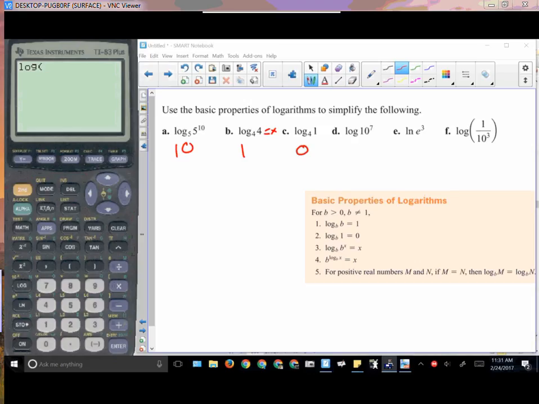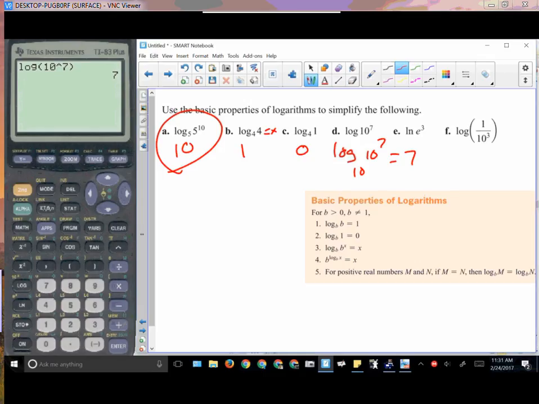When I look at this, I see log of base 10 to the 7th power. So I could put 10 to the 7th, close it, hit enter, and I'm going to get 7. Why? Because this would be written as log base 10 of 10 to the 7th power, which we saw over here was just the exponent. So the calculator can deal with anything that is in base 10 power. Also, if you do not see a base on log, that means it is going to be base 10.